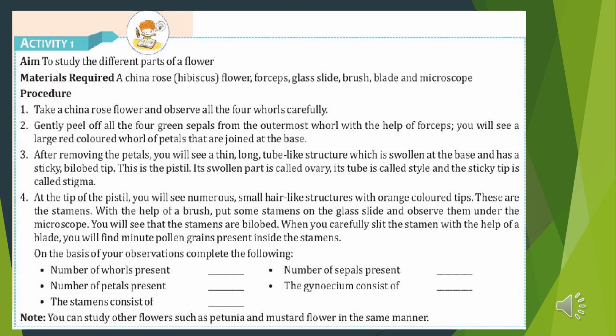I told you the green part is outermost, and after that the scented, colored petals, and after that the inner whorls, stigma, style. All these you can clearly see in hibiscus because it's a big flower. You can easily find it and easily see it also. So you have to do this at home by yourself.